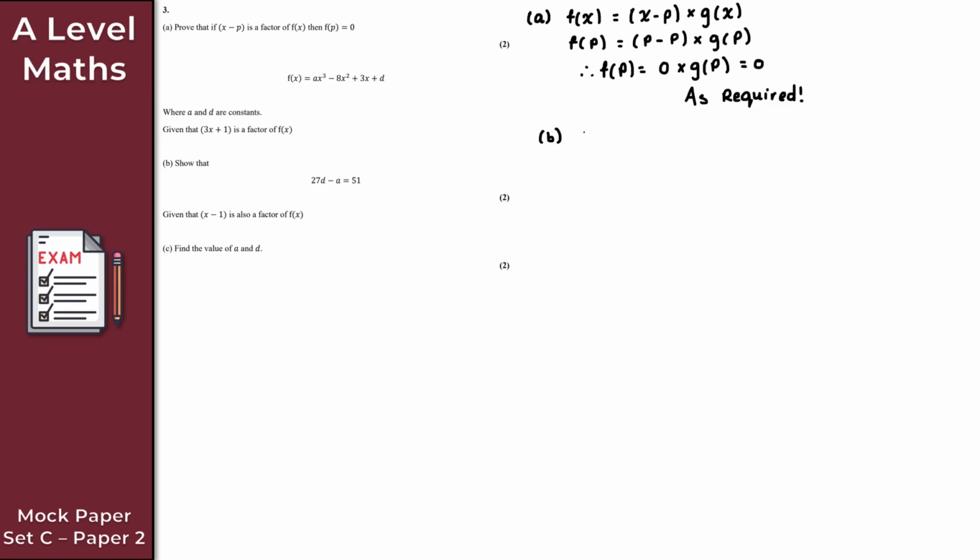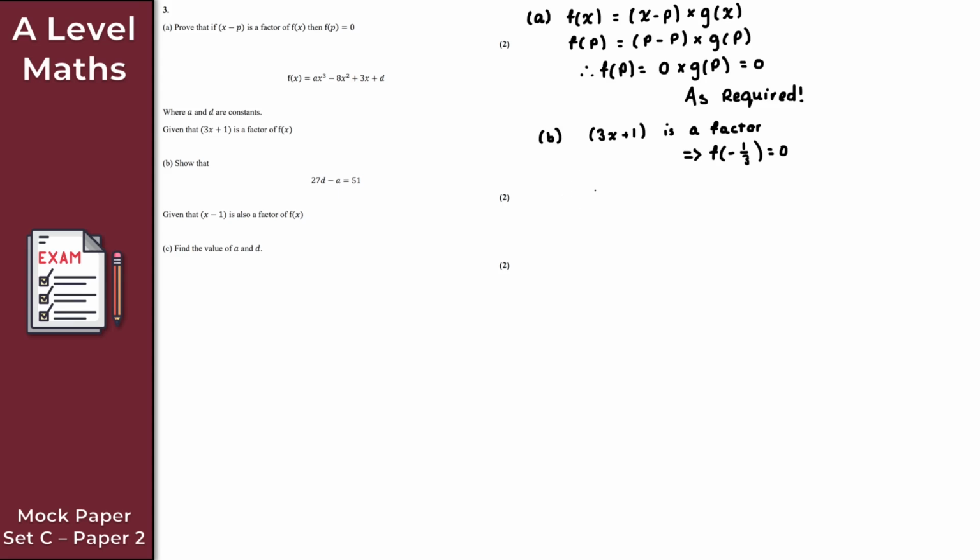Now, if 3x plus 1 is a factor of f of x, then in that case here, what that tells us is f of minus 1 over 3 is equal to 0. Okay, so all we need to do here then is just substitute minus 1 over 3 into f of x here, right? Set that equal to 0, and hopefully we should obtain this expression here.